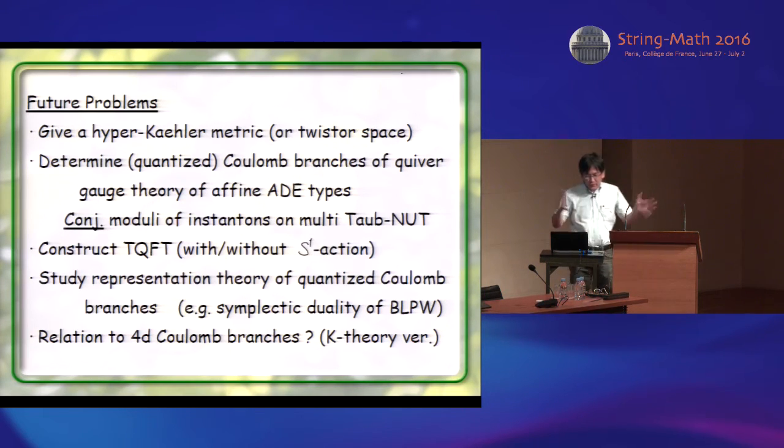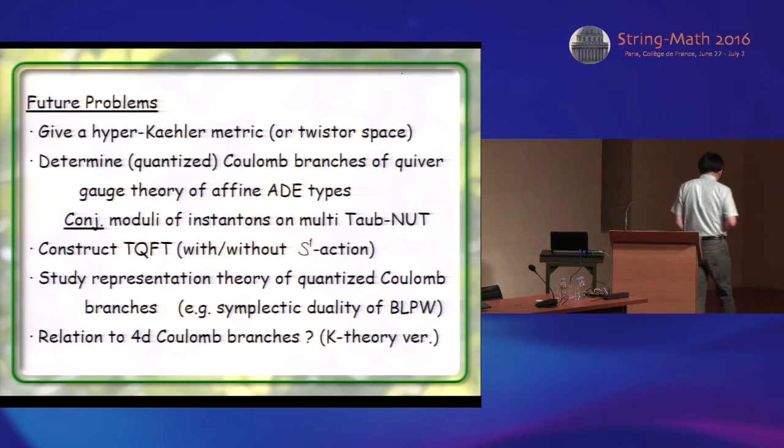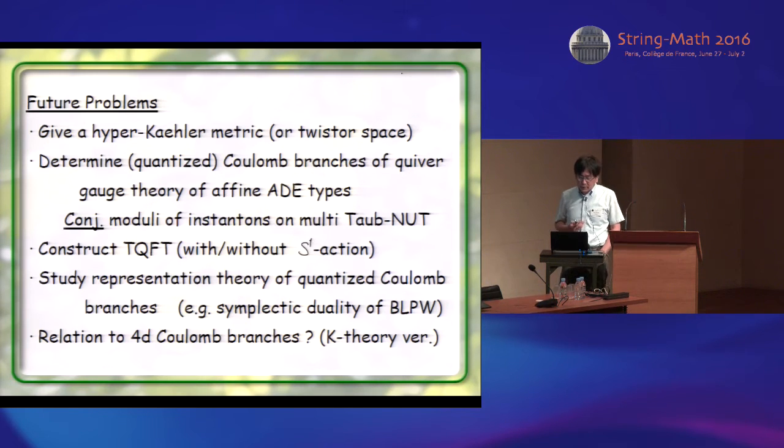For example, you can consider the star-shaped quiver, and this Coulomb branch is the Higgs branch of class S theories, whose description was asked by Moore and Tachikawa at this String-Math conference some years ago. So this symplectic variety is something which we didn't know.